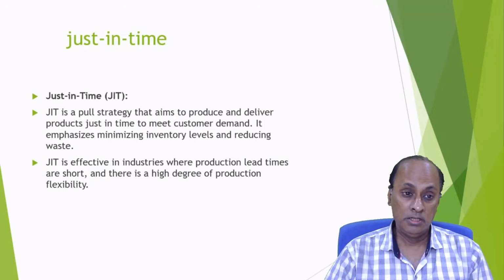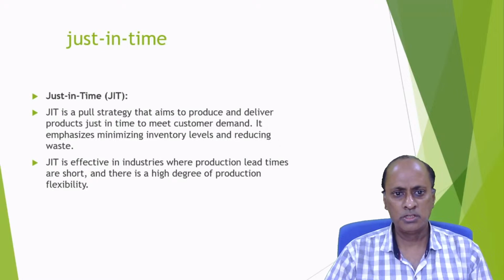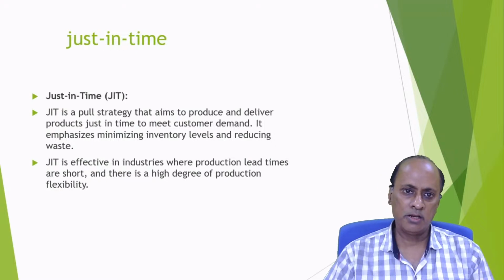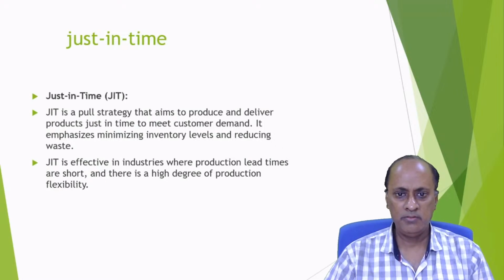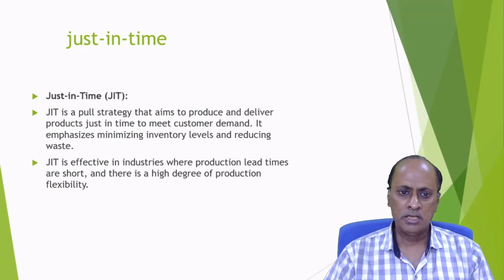So lean production, just in time, all these are pull strategies. JIT is different from a conventional production system where we produce, keep it in a store, maintain inventory, and then when customers' orders come, we distribute the products. So there is a lot of wastage there.